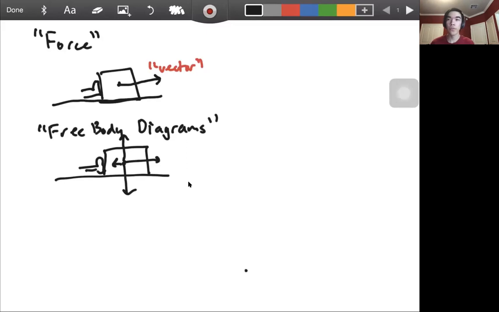In here, I drew 4 vectors. There's a force from gravity pushing the block down. There's a force from the earth pushing the block back up. The hand is pushing on the block to the right. And there's a small bit of friction from the rough surface that's resisting the push of the hand. It's very common that you'll see 4 forces like this.